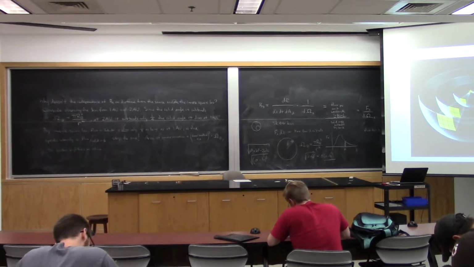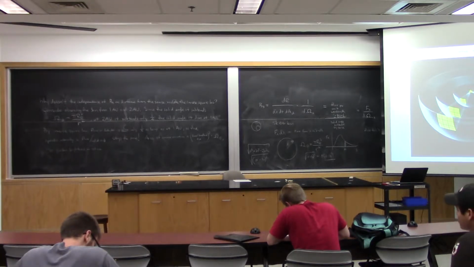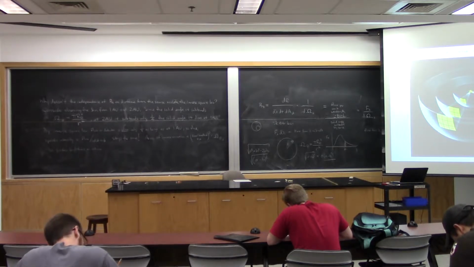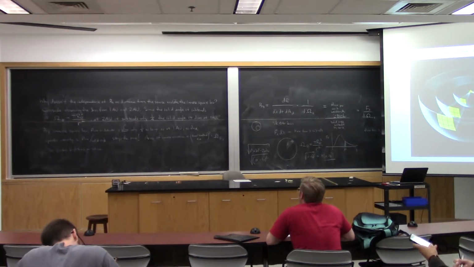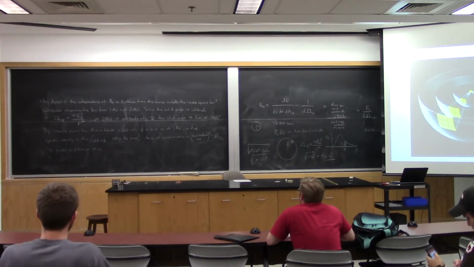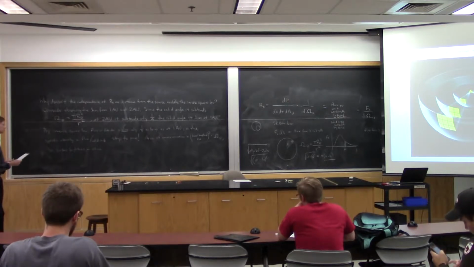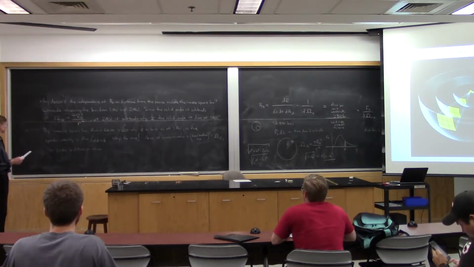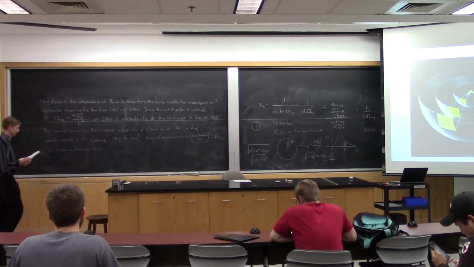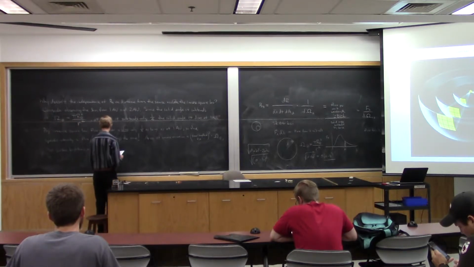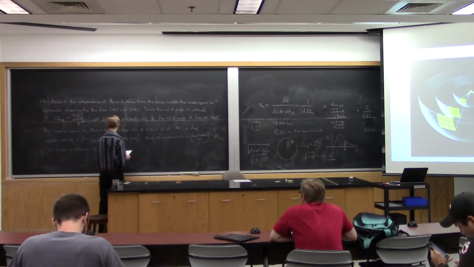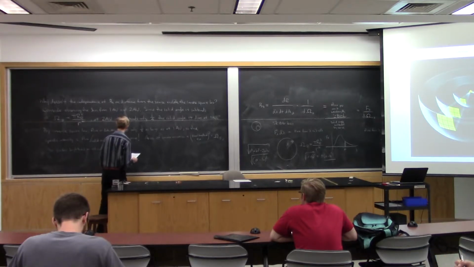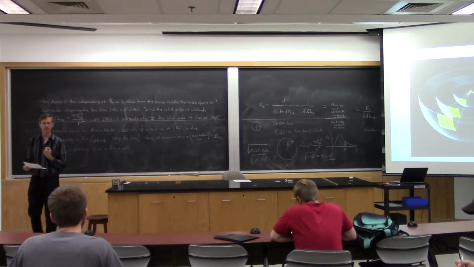So the surface brightness on the retina is, that'll be the flux on your pupil times the area of your pupil.